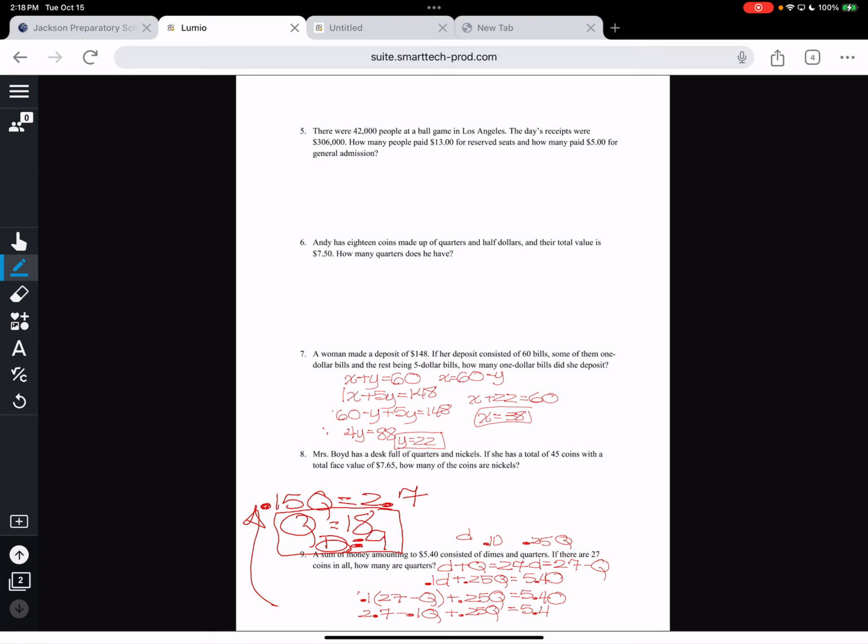Number 8: Mrs. Boyd has a desk full of quarters and nickels. What's a quarter? 0.25. What's a nickel? 0.05. Excellent. I think that covers all of your problems. That's your homework.